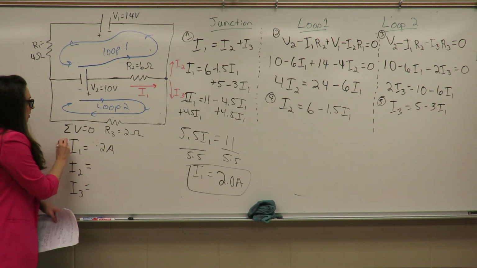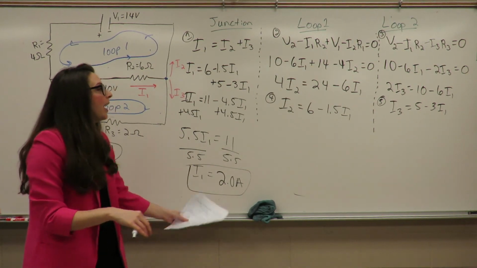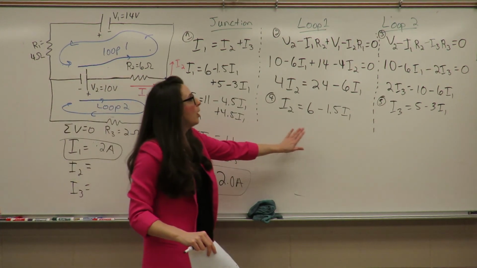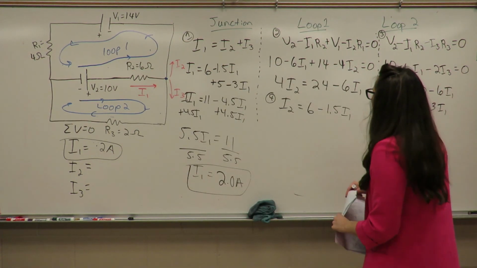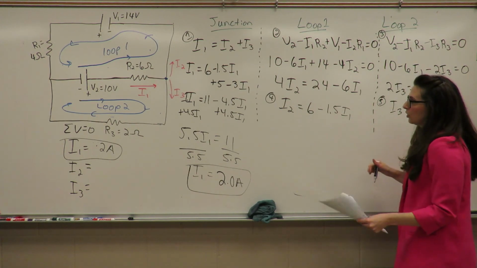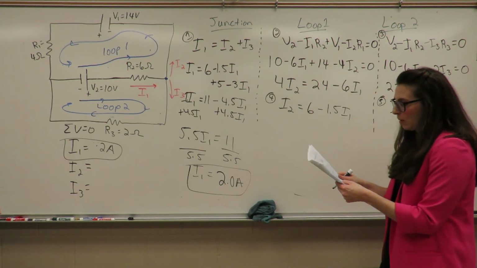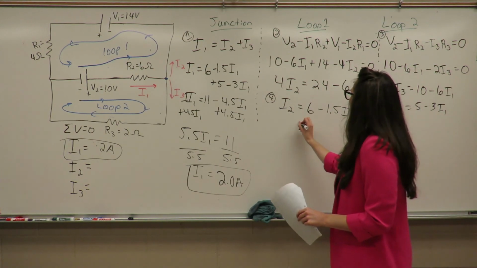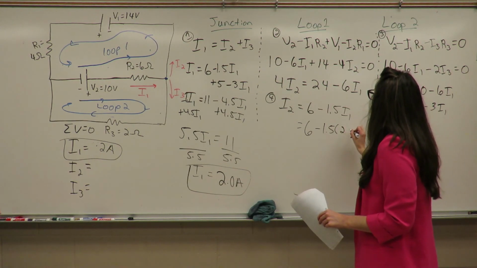And that's where we were going with that problem. But let's keep on going. We've got I1. We've got equations 4 and 5. So let's just go ahead and plug I1 in there to see what I2 and I3 should be. Okay. So if I do that, let's start with, yeah, this is good. So we've got 6 minus 1.5 I1, and I1 was 2 amperes.